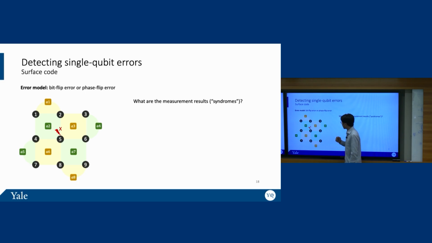And notice, recall from the previous slides, the definition of these codes is that the green patch defines a Z-type stabilizer. So it's Z1, Z2, Z4, Z5. And the yellow patch defines an X-type stabilizer that is X2, X3, X5, X6, for example.